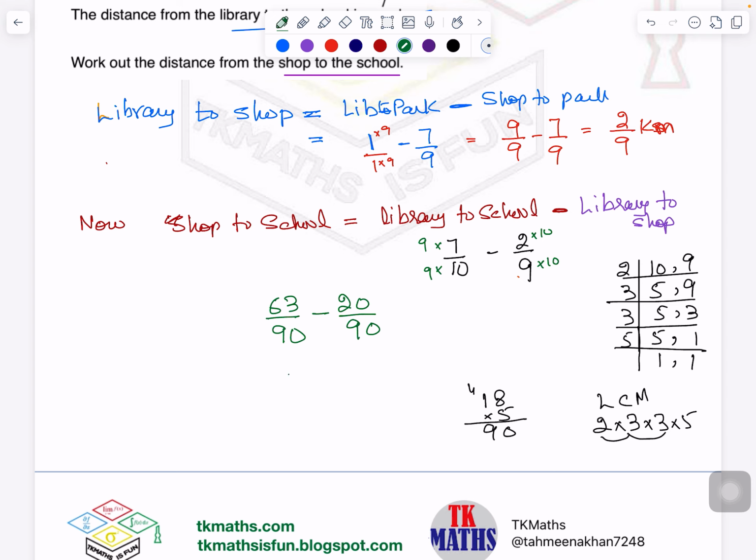So denominator is same. I can subtract the numerator. Agreed. So 63 minus 20 is what? 43. So it is 43/90 kilometer, right? If you can simplify, you can, but if you cannot, it's fine. So distance from the shop to the school is 43/90 kilometer.